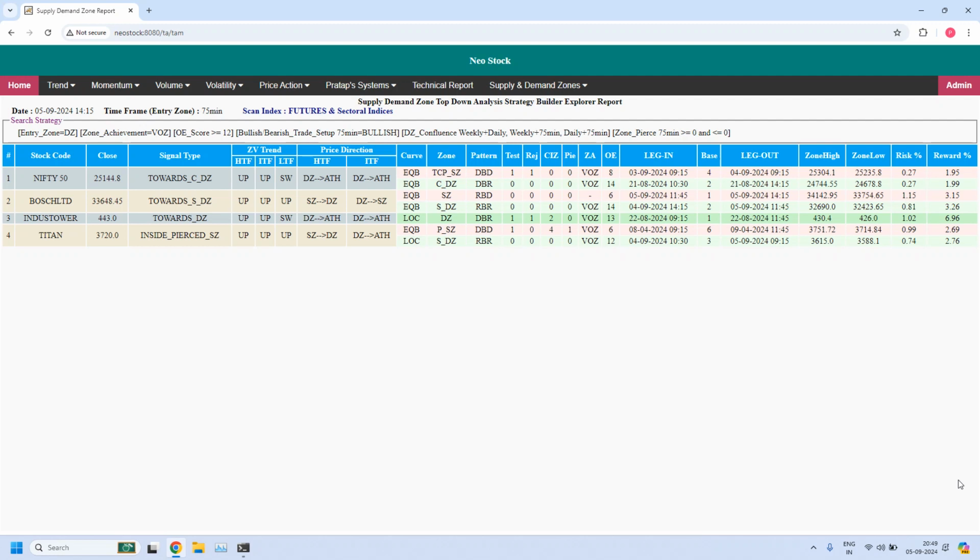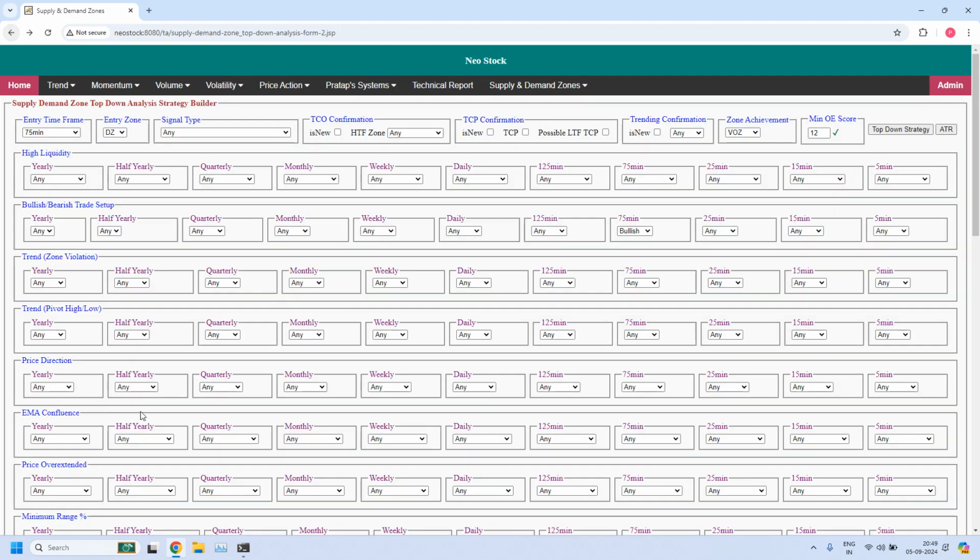That means all these zones are part of weekly, because the weekly trend is up in all these 4 stocks. Let us check if weekly EMA confluence is there in any of these stocks. They are even high probability trade setups.